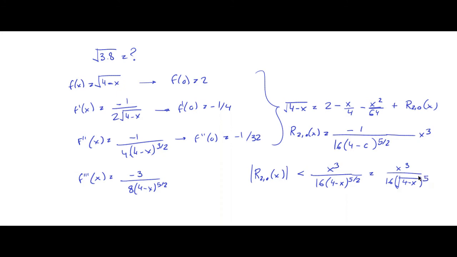So now we can estimate the value of the square root of 3.8 as the polynomial here when x is 0.2.